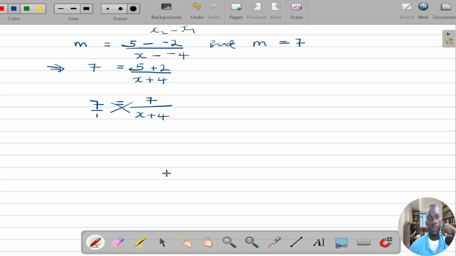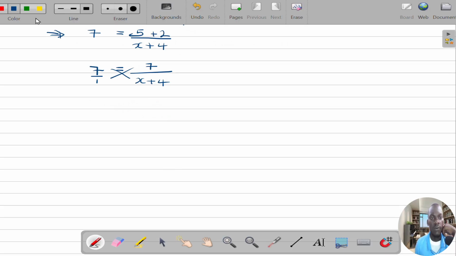As we cross multiply, we are going to have 7 into x plus 4 equals 7 times 1. So this is 7x plus 7 times 4, that is 28, equals 7 times 1, giving us 7.